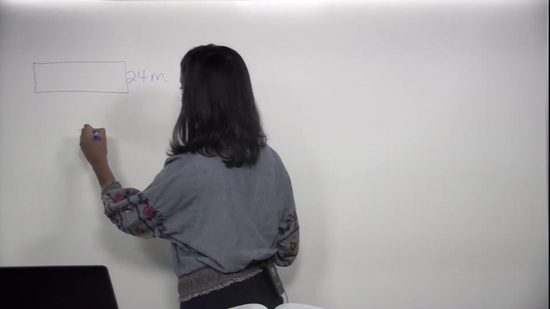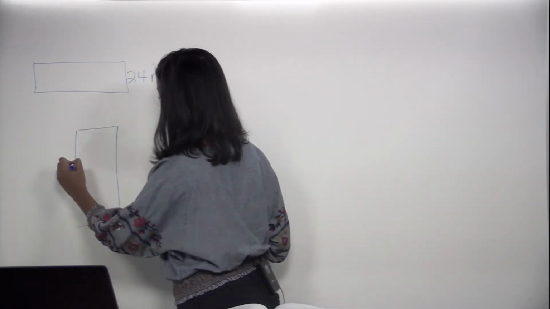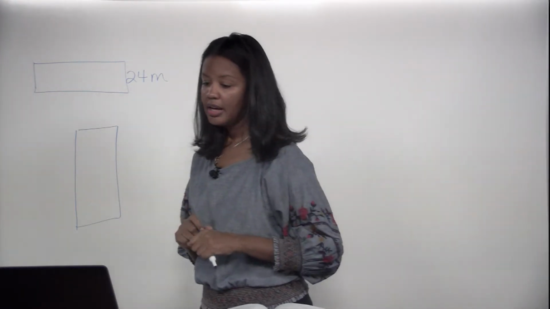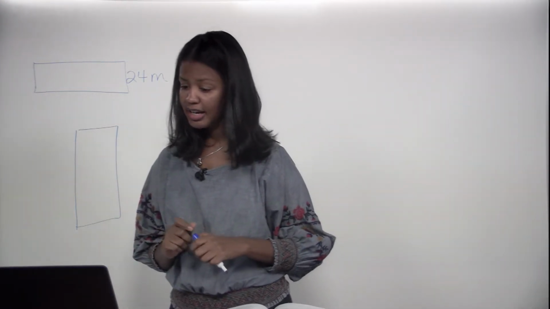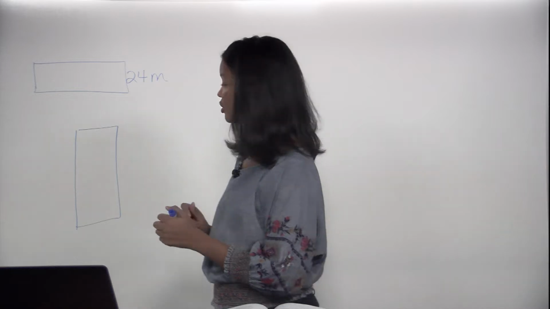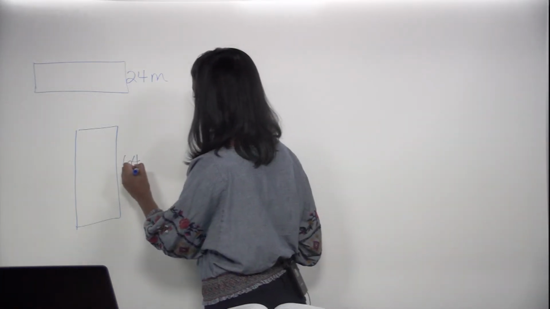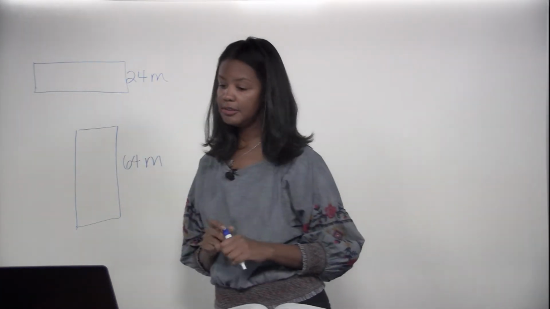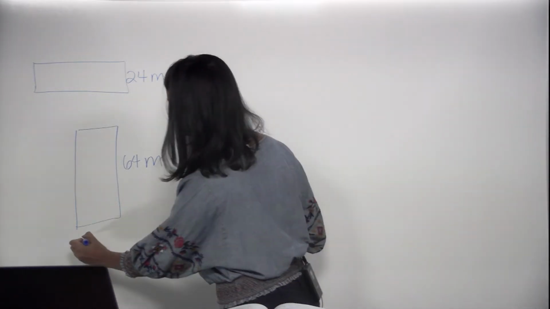And it has the same area as another playground that's rectangular. So let's draw another playground that's rectangular. And this second rectangular playground is 64 meters long. So 64 meters long and 48 meters wide.